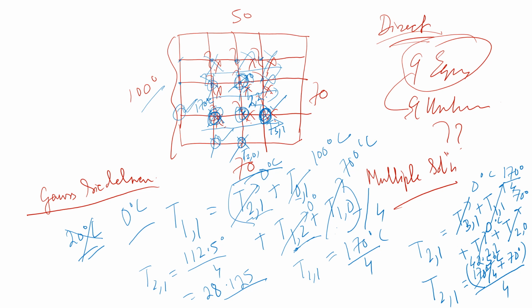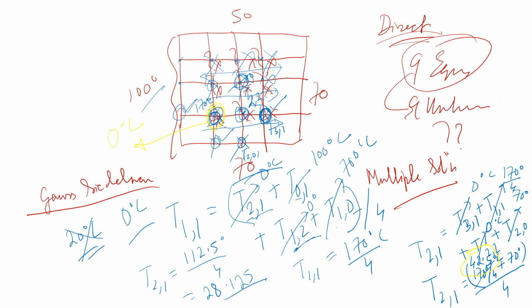Now after the first iteration is completed, you will find that this point, which we assumed to be 0 degrees centigrade, was found after iteration to be not 0, but 42.5 degrees centigrade.